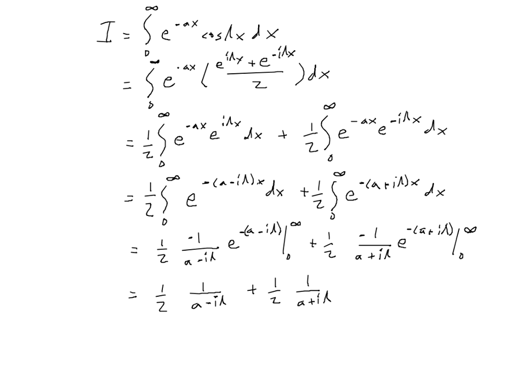And then you just have to combine them. So when you multiply each one of these by its complex conjugate, you have 1 over a minus I lambda times a plus I lambda over a plus I lambda. And the other one, you're going to have 1/2, 1 over a plus I lambda, and you multiply it by its complex conjugate.